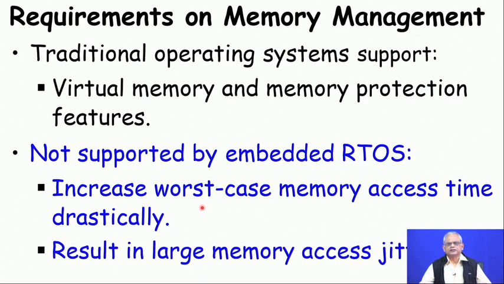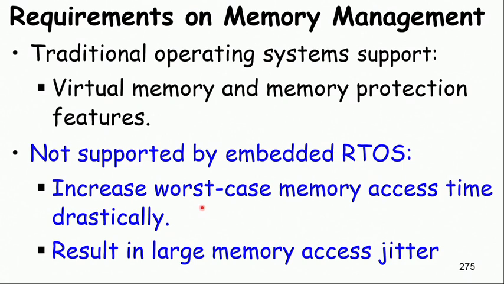We will just look at that issue, because unless we do that, there will be memory access jitter. What we mean by memory access jitter is that if the data is sometimes obtained very fast and sometimes obtained after considerable delay, the variation in access time is called the jitter.